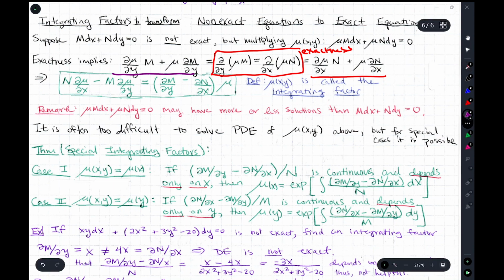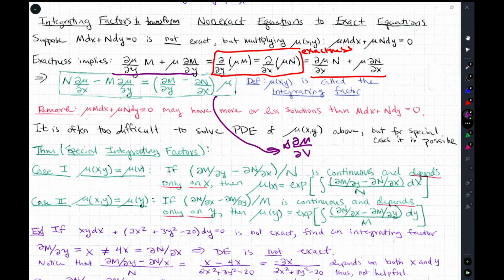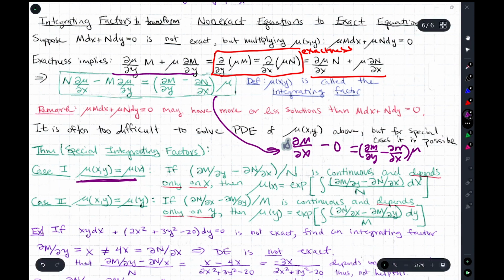So in this case, you would have N partial mu partial x minus 0, just to emphasize that this is the special case, okay? And this is an N, and this is a mu.